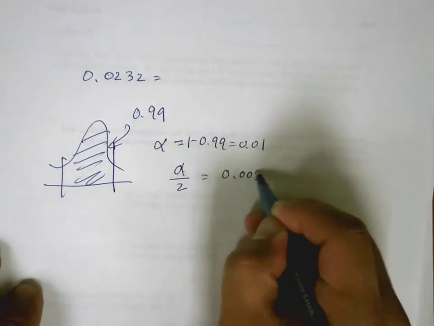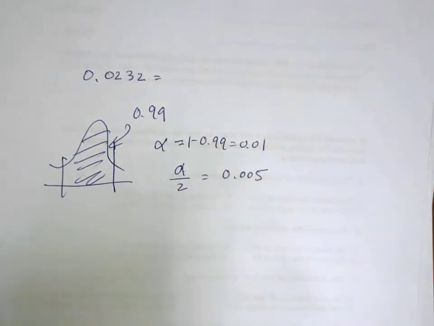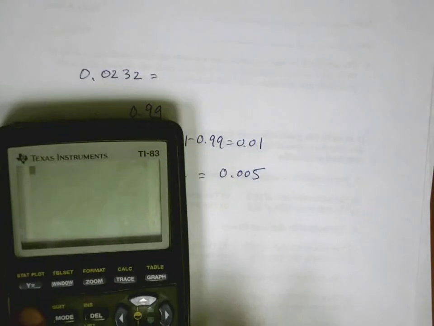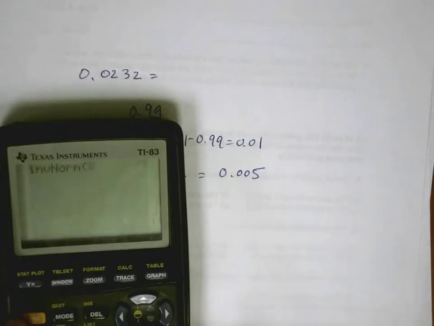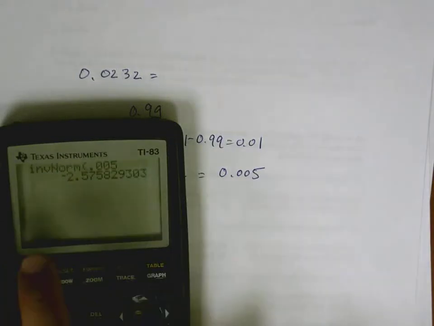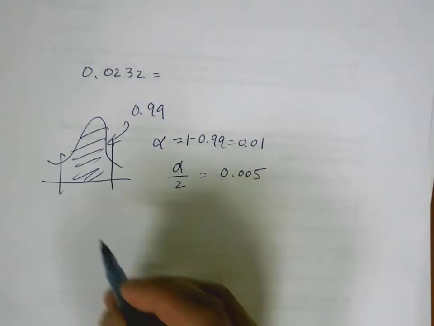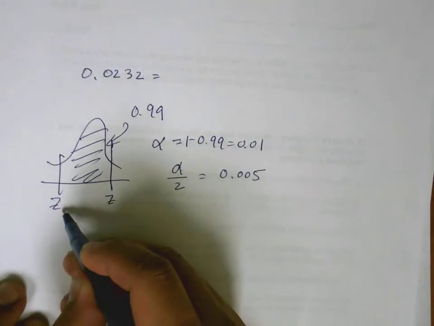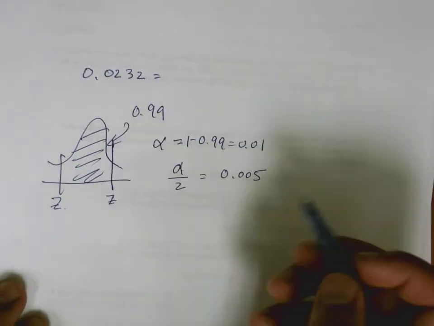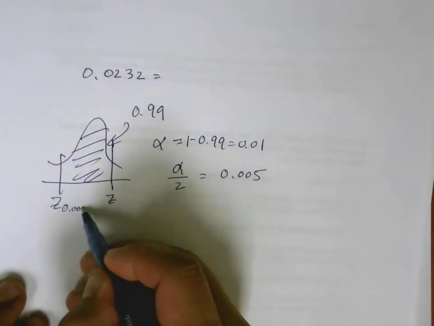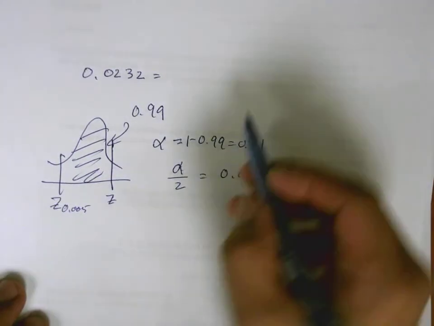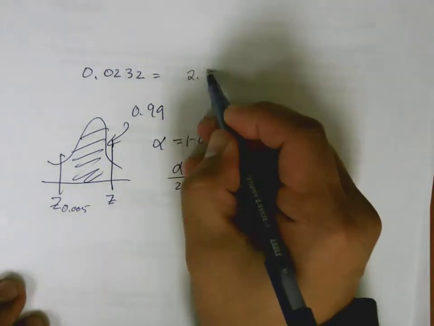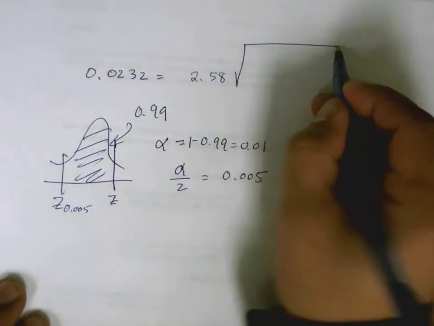Okay, so we repeat this process. Inverse norm of 0.005, and that gives me 2.58. So we're looking for z of 0.005, and that's 2.58 times the square root of, now p-hat is unknown.